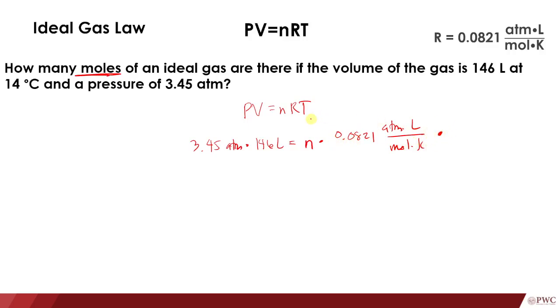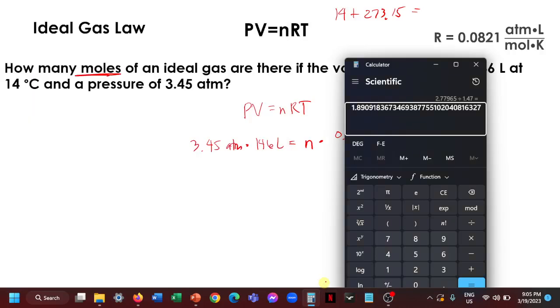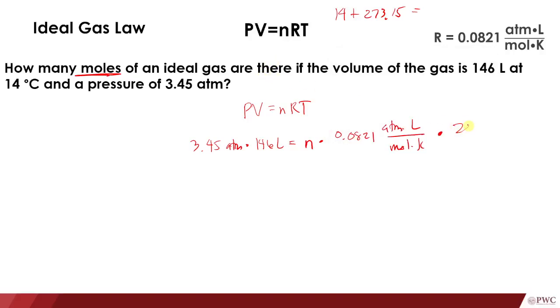Times, what's the temperature here? That's 14 degrees Celsius. So the same thing, this must be converted to Kelvin. We have 14 degrees Celsius, that's 14 plus 273.15 to convert it to Kelvin. 14 plus 273.15 is equal to 287.15 Kelvin.